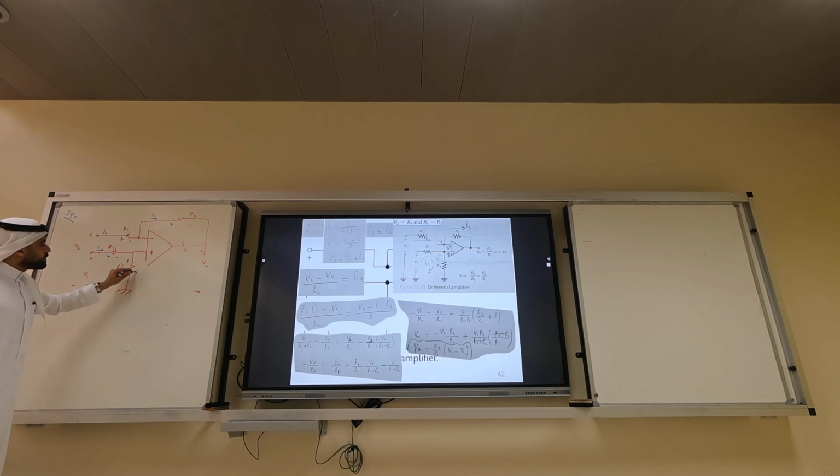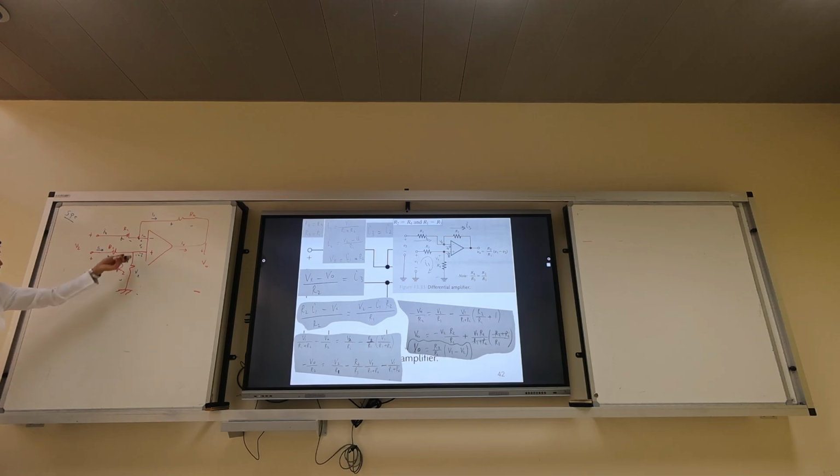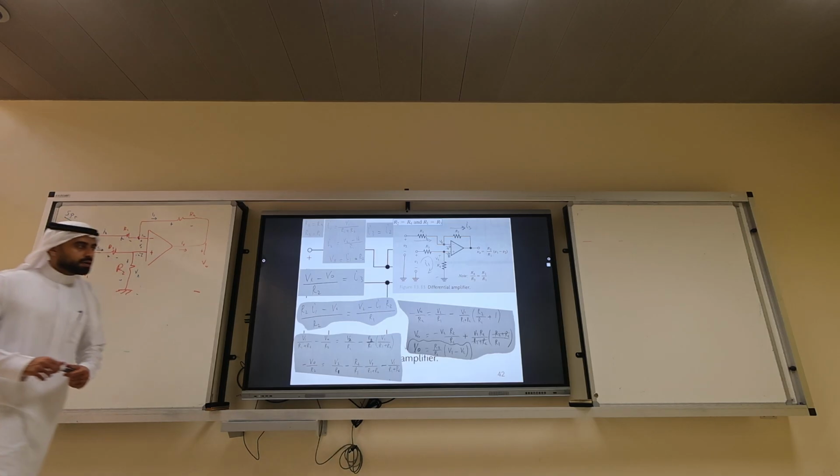Let's call this Vx, okay? So what's the voltage here? Also Vx. Also we have no current, I is 0 here. I is 0 here. Is it complete? Why isn't this ground? Because there is a resistor here, and I will explain it now. You will not see ground every time. If you don't see a ground, don't put a virtual ground. Get it? Okay.